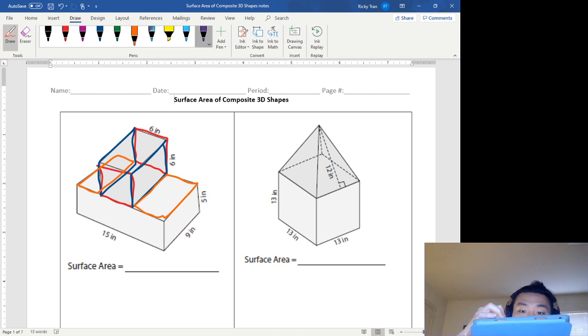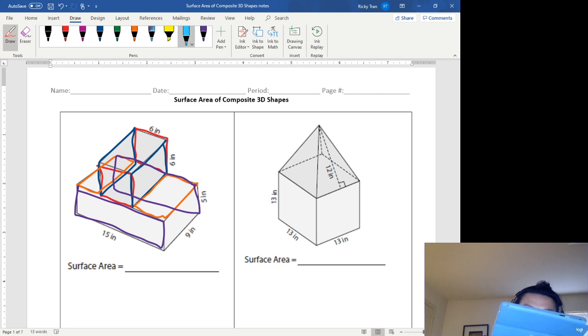Okay, and then we have this rectangle back there, and then the one in the front. Then we have this rectangle here, and the one over here. And then we have our bottom rectangle here, and a top rectangle.